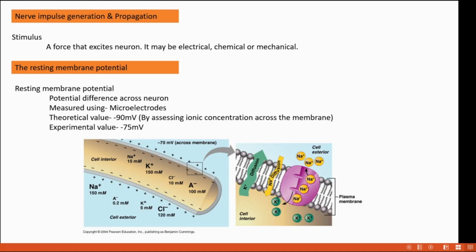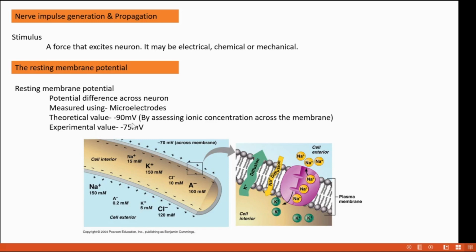So there is a potential difference. That potential difference across the neuron is called resting membrane potential, and it is measured using microelectrodes. Theoretically, the value of resting membrane potential is minus 90 millivolt. It is only theoretical, it's not actual.